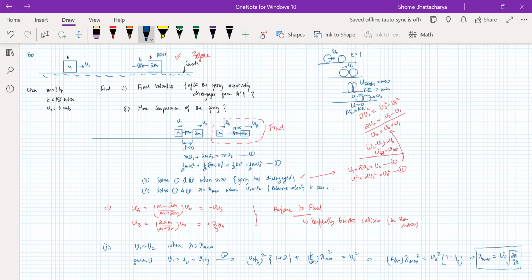See on the left hand side, it's V0 square by 9 plus twice of V0 square by 9, because there's the kinetic energy of M2 also, na? Yes, sir. Sir, X max is V0 by 3.